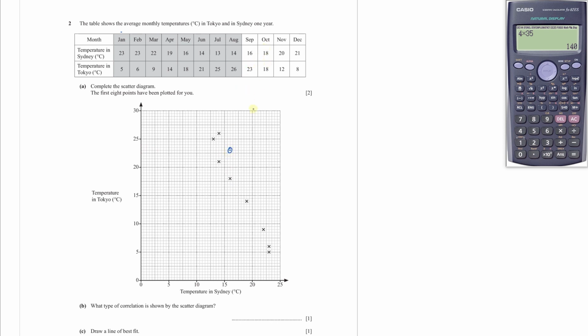The next one is 18 and 18. So 18 will be this line, and this is 20, and then 18 will be this point here. So this is 18, 18. 20 and 12. 20, 10, 11, 12.